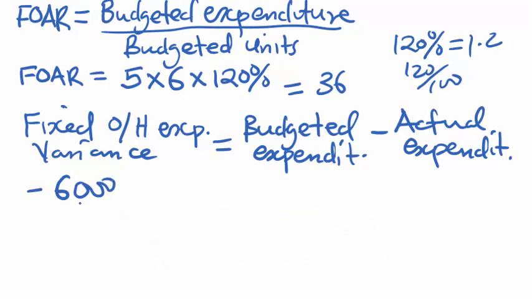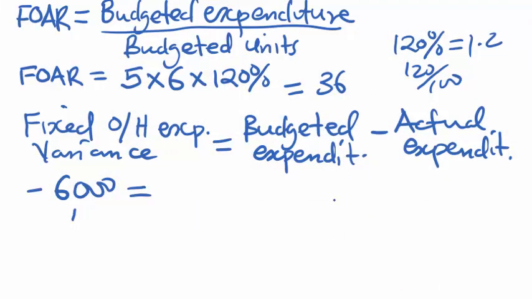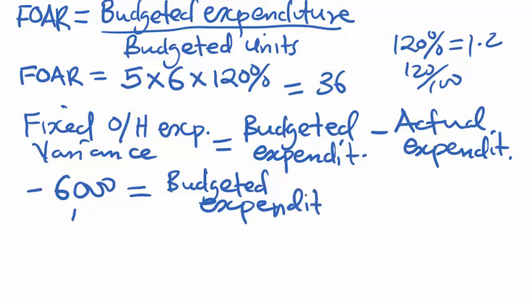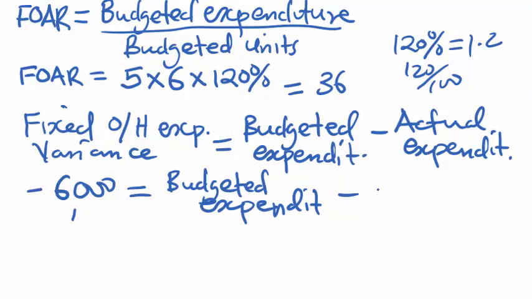Have we been given the budgeted expenditure? No, we haven't, and we're looking for it, so we'll just say budgeted expenditure. And have we been given the actual expenditure? I should think so. It says fixed overhead incurred is 150,000.